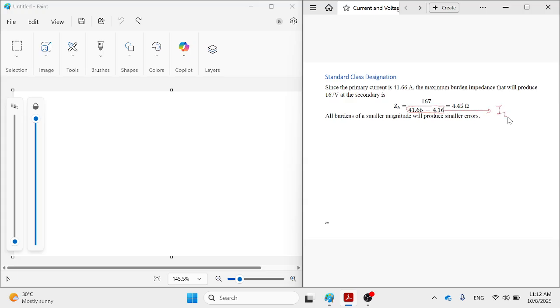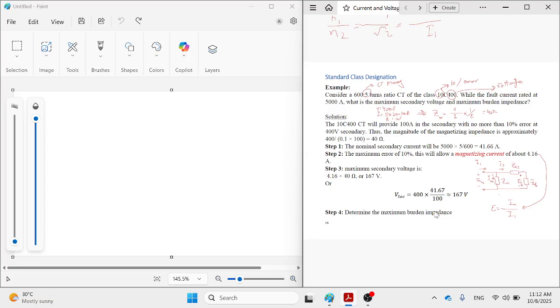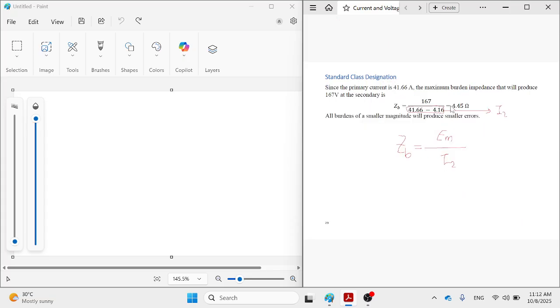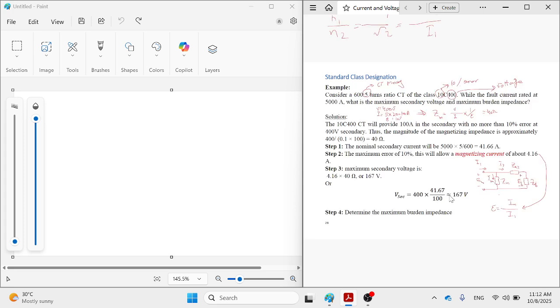So ZB, the burden impedance, is EM over I2. Just look at the figure I redrew. It's the same as what we expect. So the maximum burden for this system cannot exceed 4.45, including ZX2. So don't forget ZX2 is also included inside this value.